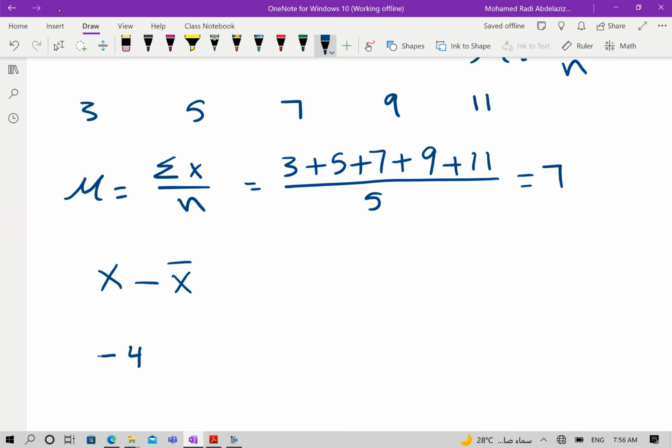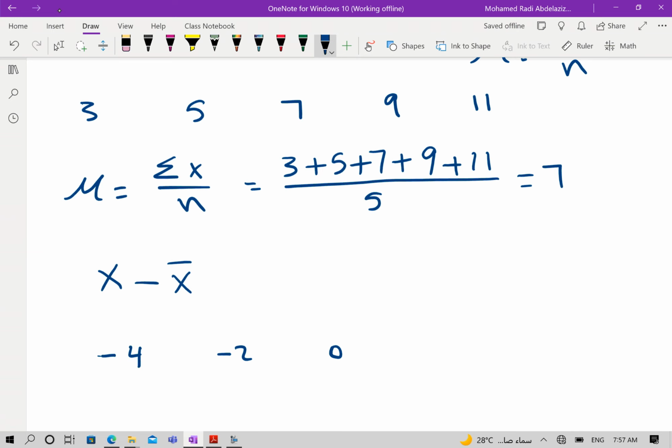This means 3 is spread from the mean by negative 4. 5 minus 7 is negative 2. 5 is spread from the mean by 2. 7 minus 7 is 0. 7 is spread from the mean by 0, which means same.